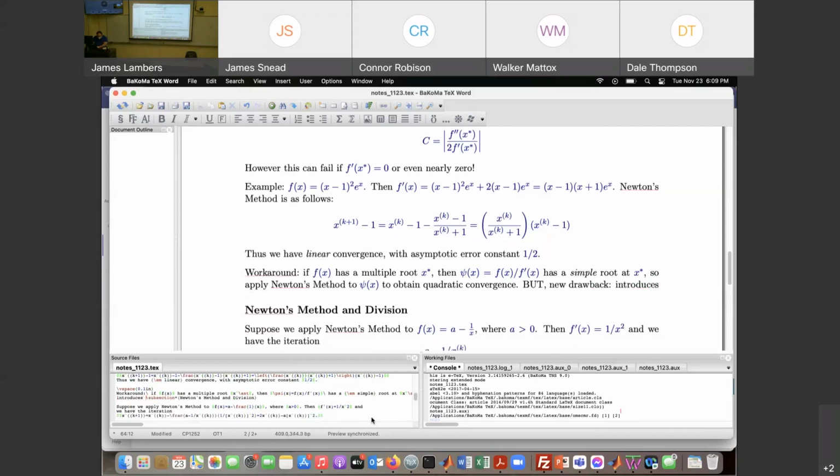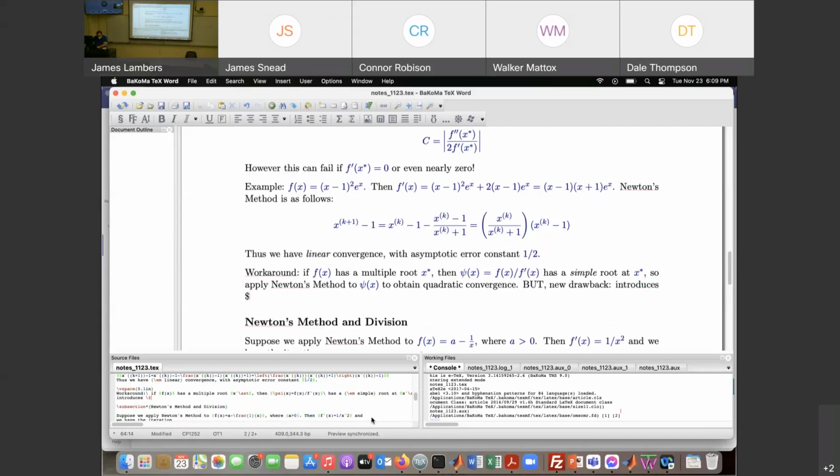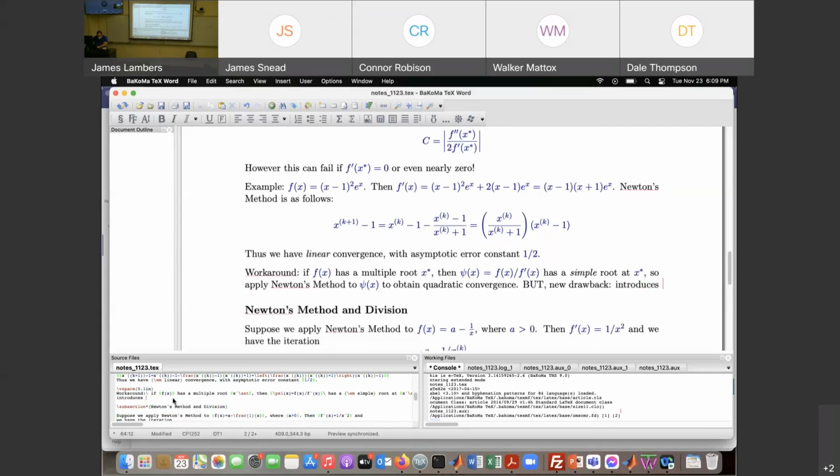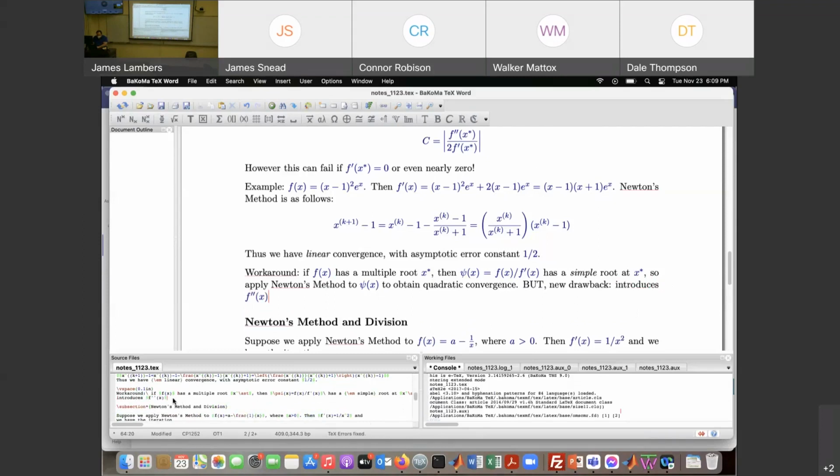Double prime of x. So now you have two derivatives to evaluate at every iteration as part of the formula for psi prime. You cut down the number of iterations compared to something like this, but then those iterations get even more expensive. So it seems like there's no free lunch here, unfortunately.